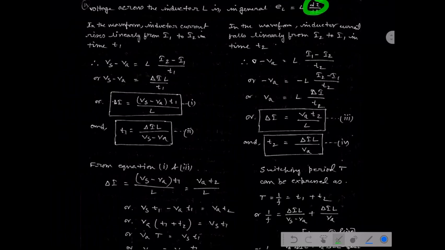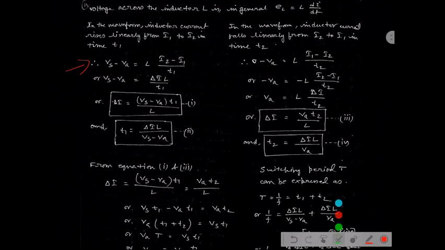The current gradually increases from I1 to I2, so di by dt is I2 minus I1 by T1. So the expression is Vs minus Va equal to L into I2 minus I1 by T1.